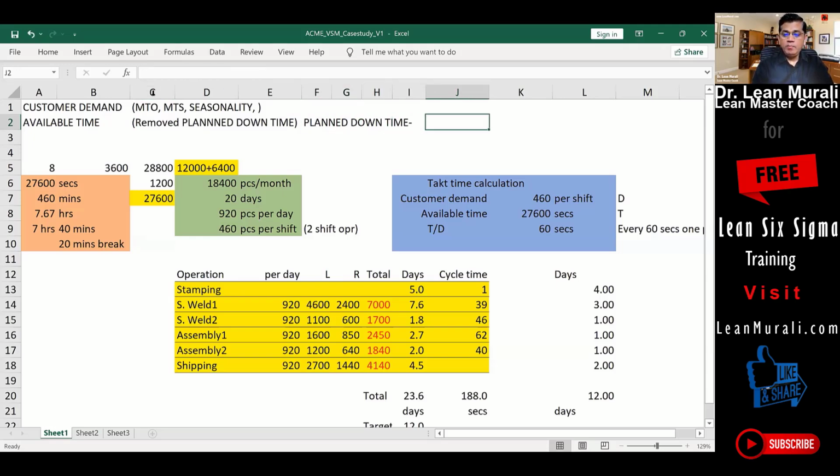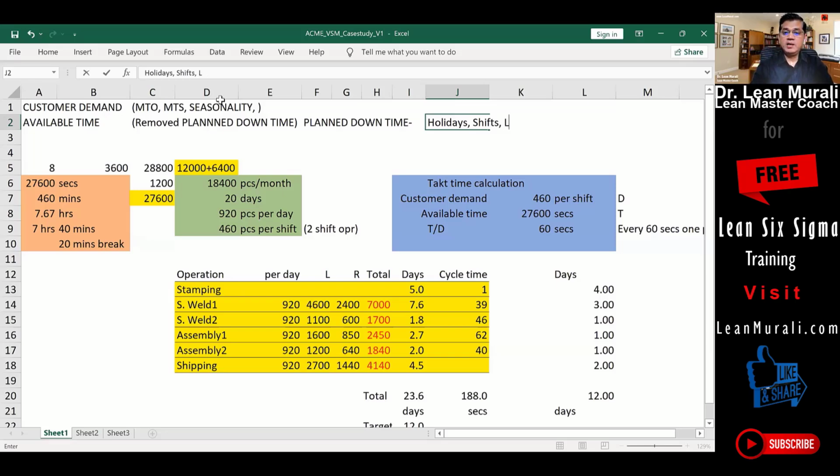Planned downtime will first have holidays, which include scheduled holidays as well as weekend holidays. Next, non-working shifts. For example, you might work for 5 days, but only on 2 shifts. So holidays, and the shifts which are not working.